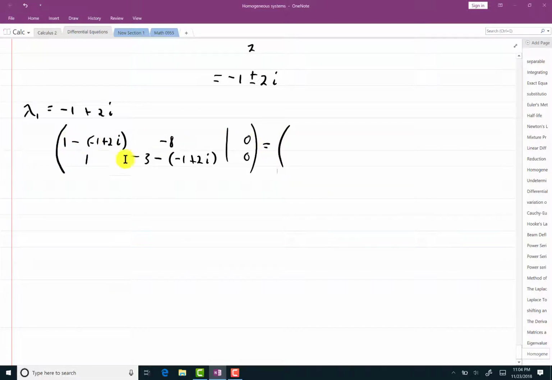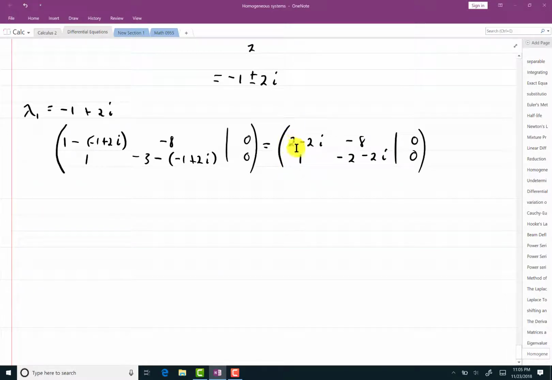I get 1 minus negative 1 will give me 2. I'll have 2 minus 2i, negative 8. And then I'll have a 1. And then I'll have 3 plus 1 will be negative 2 minus 2i. Now, in case you don't believe me, I'm going to go through this computation, but it turns out the first row is a multiple of the second row and vice versa.